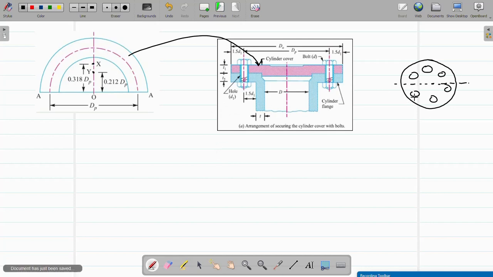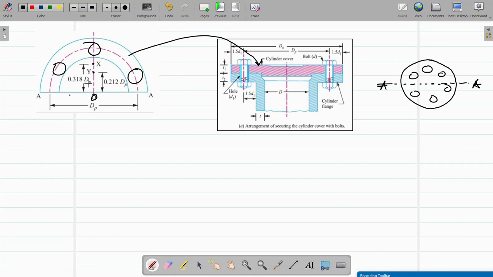Because of symmetry I cut this plate, so we have one point which is y, second point is x, and by the way this is the center of the bolt. One bolt could be here, one here, and one here, and similar is the case on the other side. So this is a half plate. This is the O point, and this is section A through which we cut the bolt plate into half.